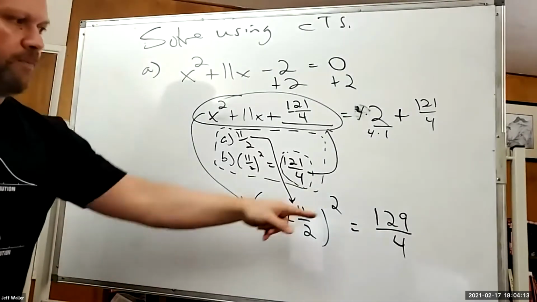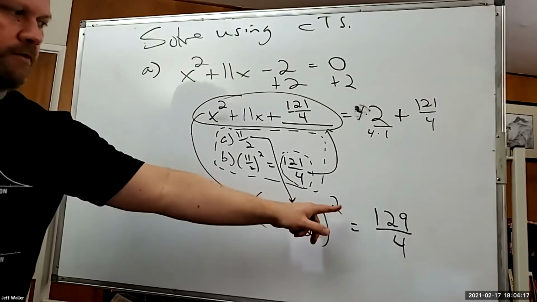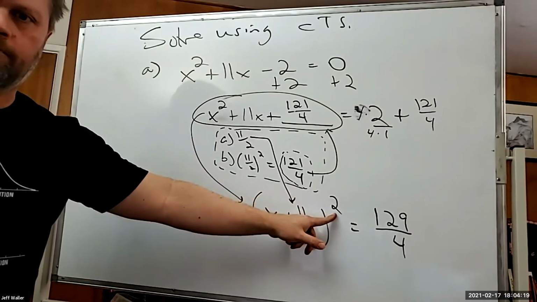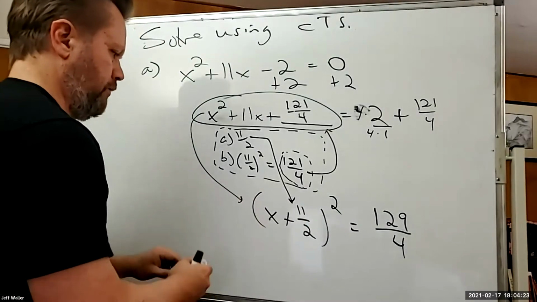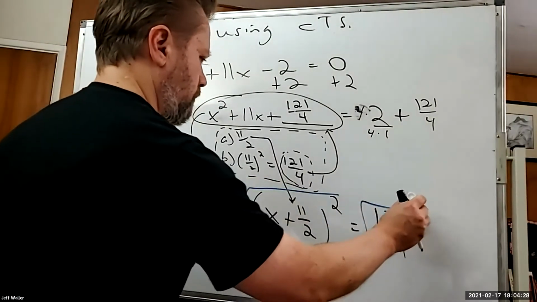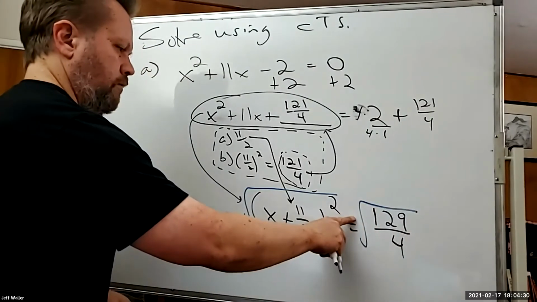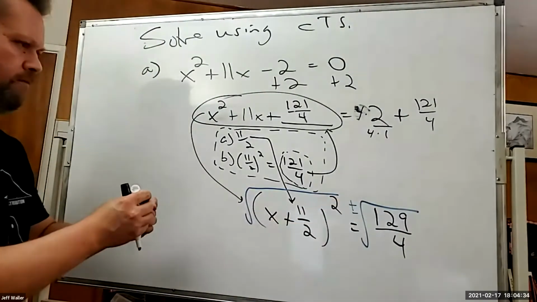And now what can I do to both sides? Square root. And the minute I do that, what do I have to put? Plus or minus. Got to represent both possible roots.